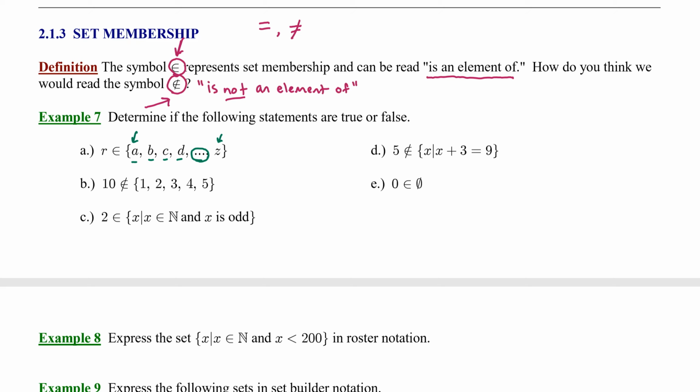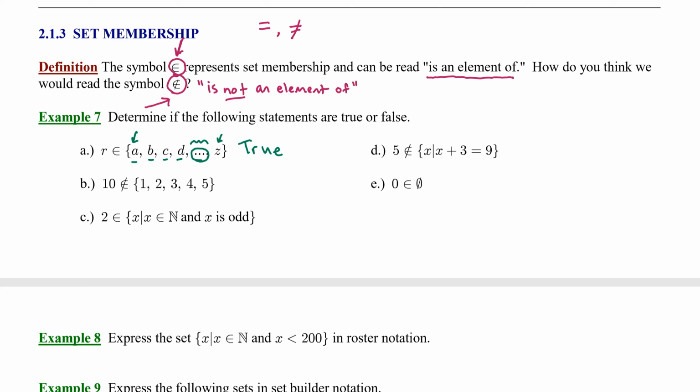So we can interpret that to mean all of the letters between D and Z. So we're trying to determine if R is an element of this set. Well, R is a letter between A and Z, and it would fall somewhere in this ... So this one is a true statement. R is an element of the set, which is the alphabet in roster notation.